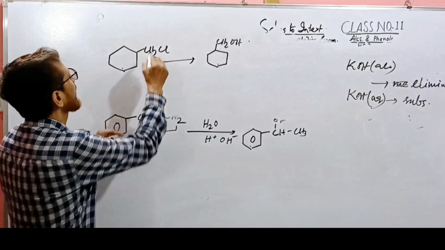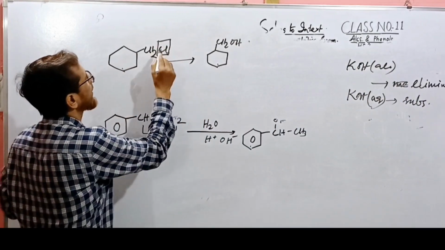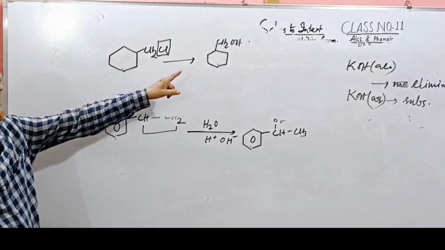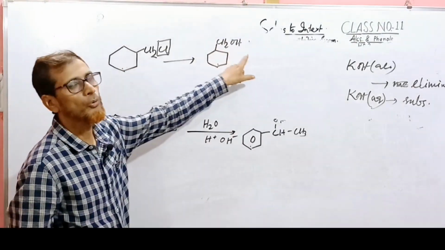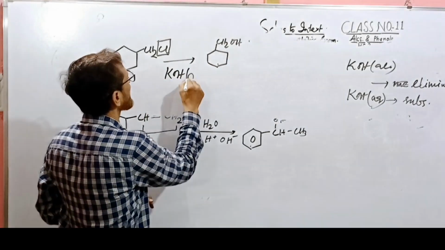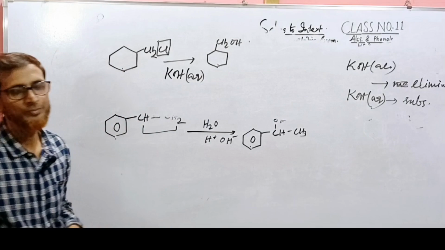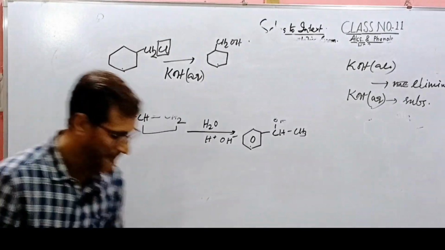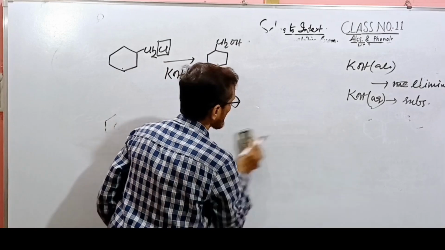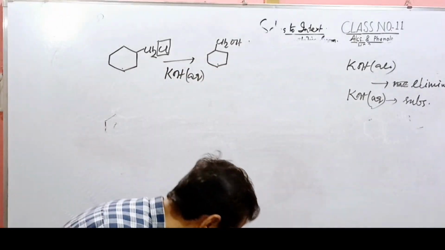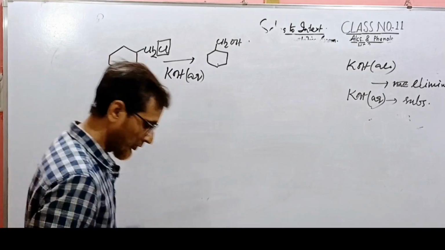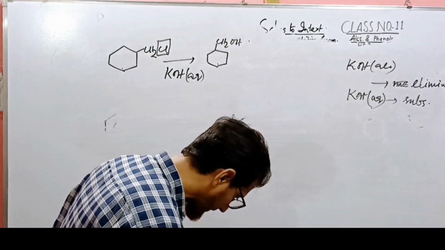So here chlorine is there, and in its place the answer is CH2OH. So we simply use aqueous potassium hydroxide. Nothing to think. Am I right? The next question is oxidation of phenol. I will not explain it, I have done it.